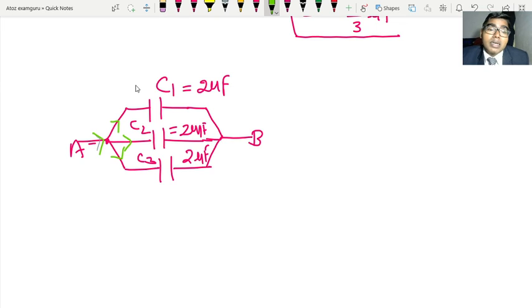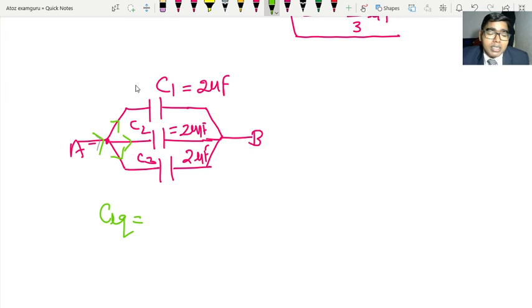Because if they were not connected in parallel, then the current would be the same, and there would be a single path. But here there are three possible paths, and so all these three elements are connected in parallel. And for parallel, we know the equivalent formula: we simply add all these capacitances algebraically.